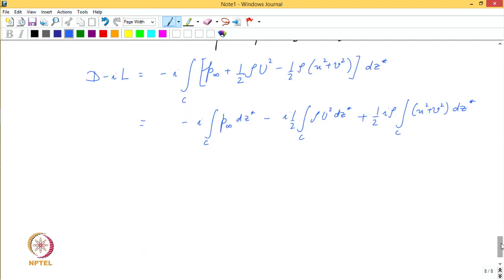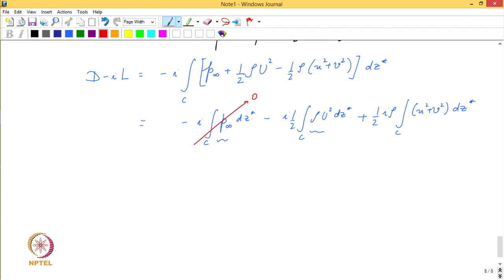Now, notice a few things. The contour C is a closed contour. If you start at a certain point, you will go around on the entire surface and reach back to the same point. Noting that, and also noting that P infinity is a constant, rho U square is a constant, the integral of dz star over the closed contour will actually be 0. So, you basically get to the same point.